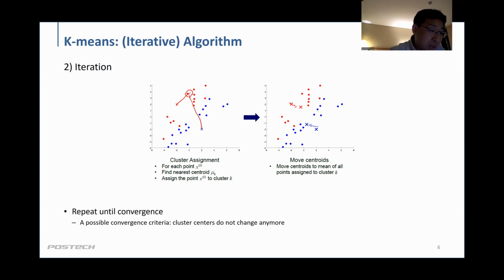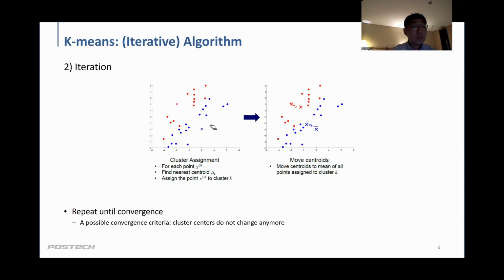This data point is closer to the red center, so it has high similarity, and I can assign this data point to the red cluster.